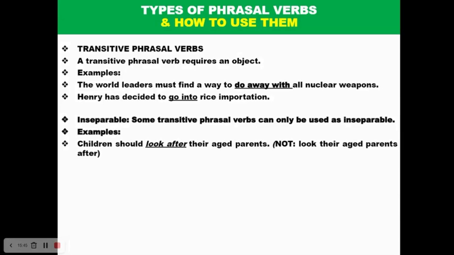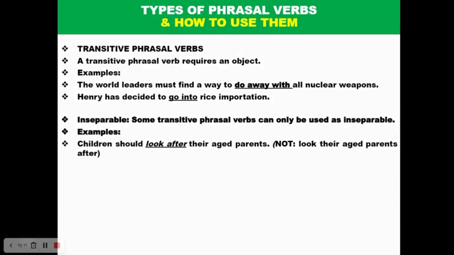Otherwise, the meaning will be distorted. You cannot say, for example, children should look their aged parents after. It doesn't make any meaning at all. So you must use look after together for it to convey the intended meaning. Children should look after their aged parents.